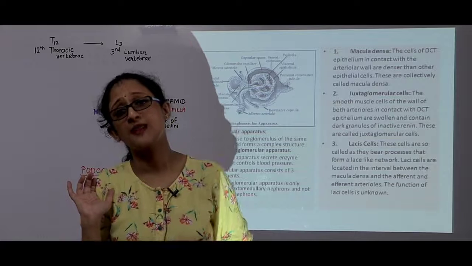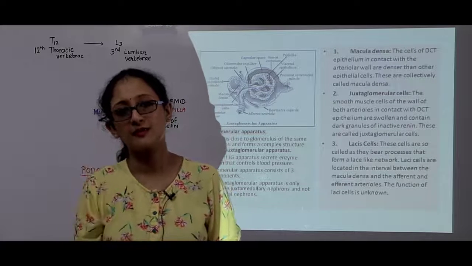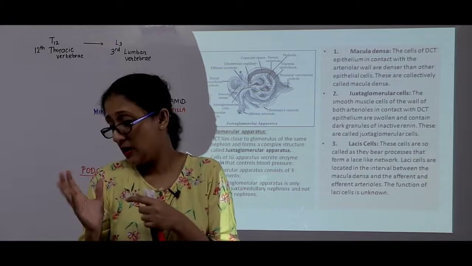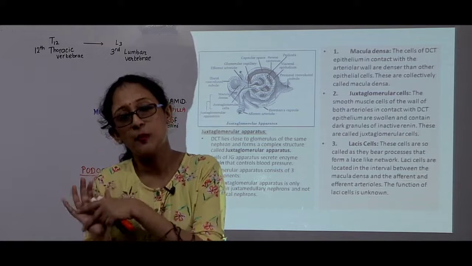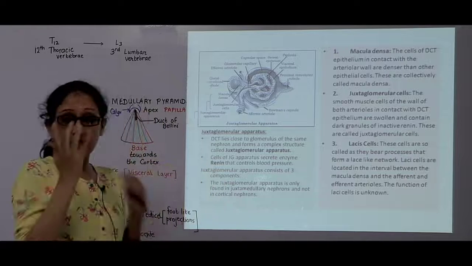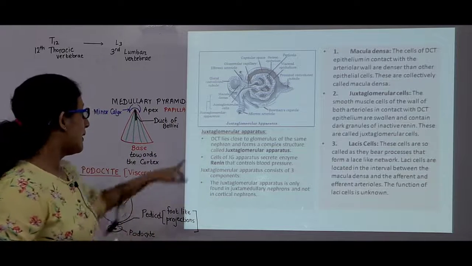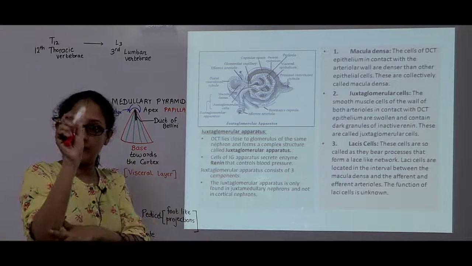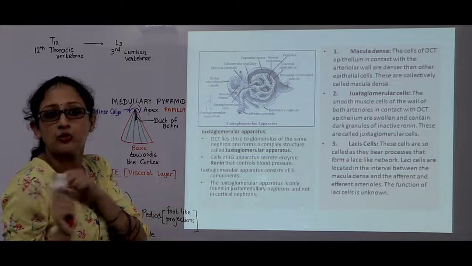And what is in that Bowman's capsule? The glomerulus. So, there is a dense connection between the glomerulus and Bowman's capsule and the DCT. So, this is a very important MCQ. The DCT, not PCT. PCT is niche, DCT is just there next to it.